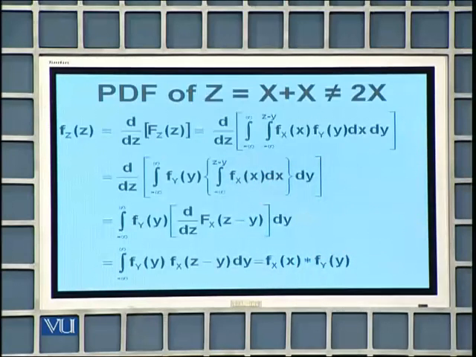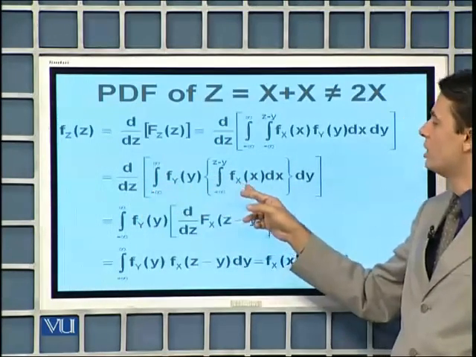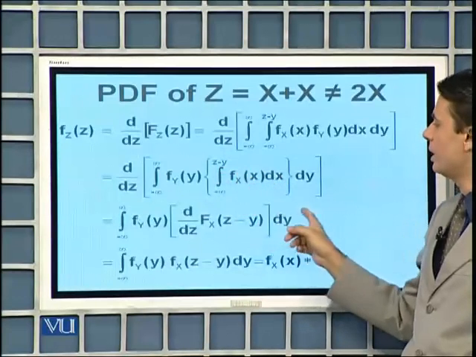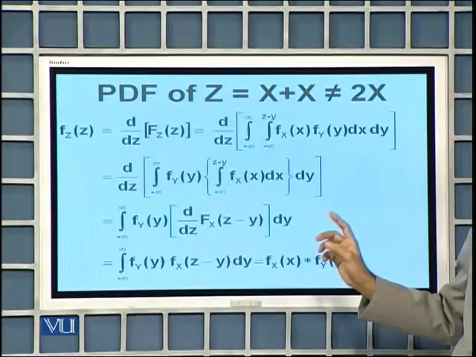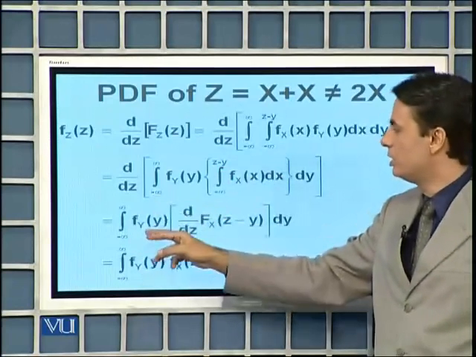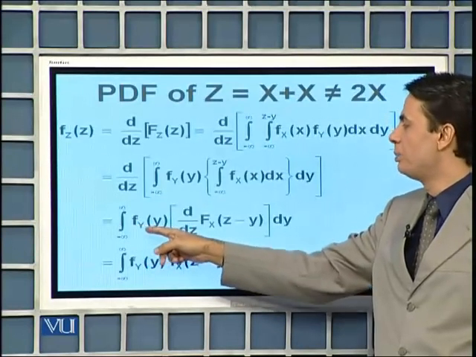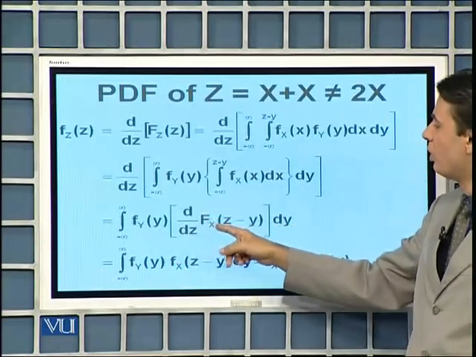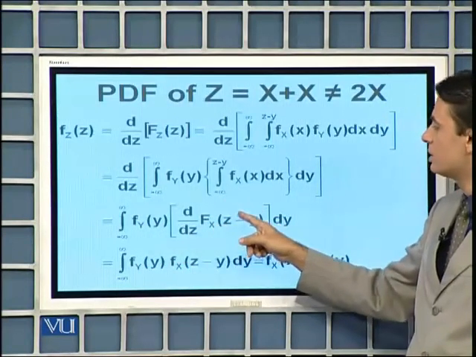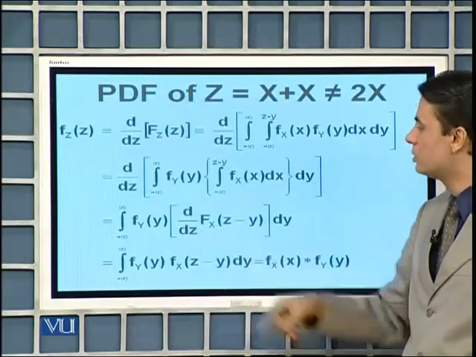Now, if everything is nice and finite, you can switch the order of this differentiation with this inner integral, and you will get this expression which tells you that PDF of z is an integration where first you will write inside the integral the PDF of y and then differentiation of CDF of x with value z minus y, and this differentiation will be with respect to z.